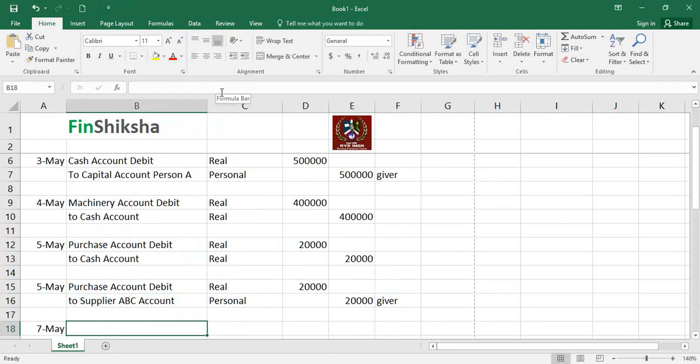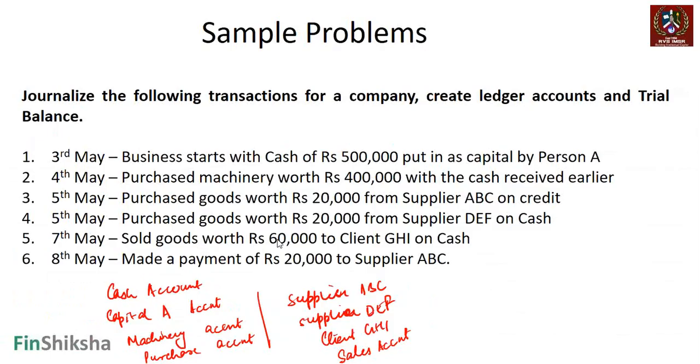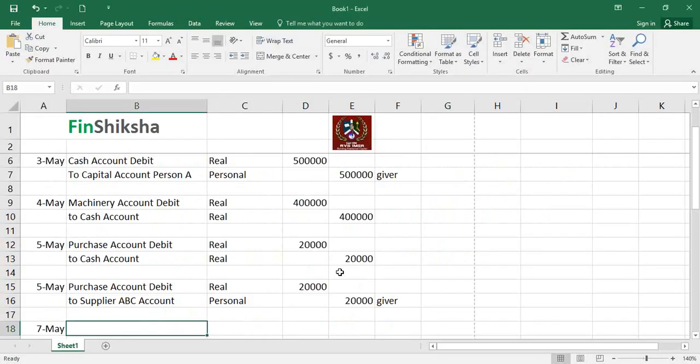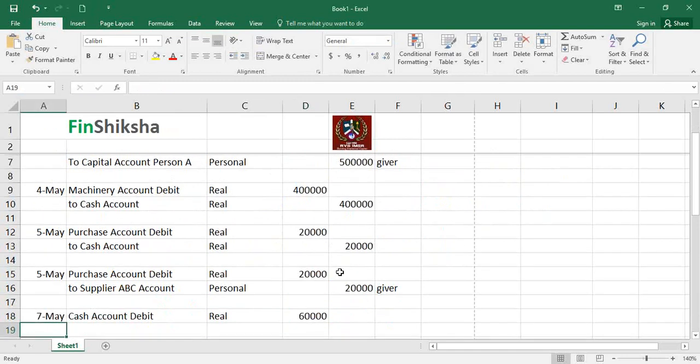7th of May, the next transaction happens: sold goods worth 60,000 on cash. So you basically sold goods on cash to the client. Now, when you sell goods for cash, cash account gets debit, real. Why? Because you receive 60,000.